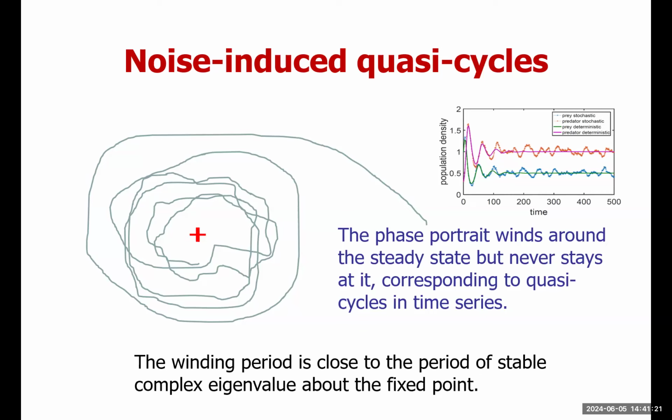So delta is equal to the real part of this complex eigenvalue, and it's going to decay exponentially into the fixed point, and then there's going to be a cosine of omega t from the imaginary part. Does that answer your question? Yeah, thanks.